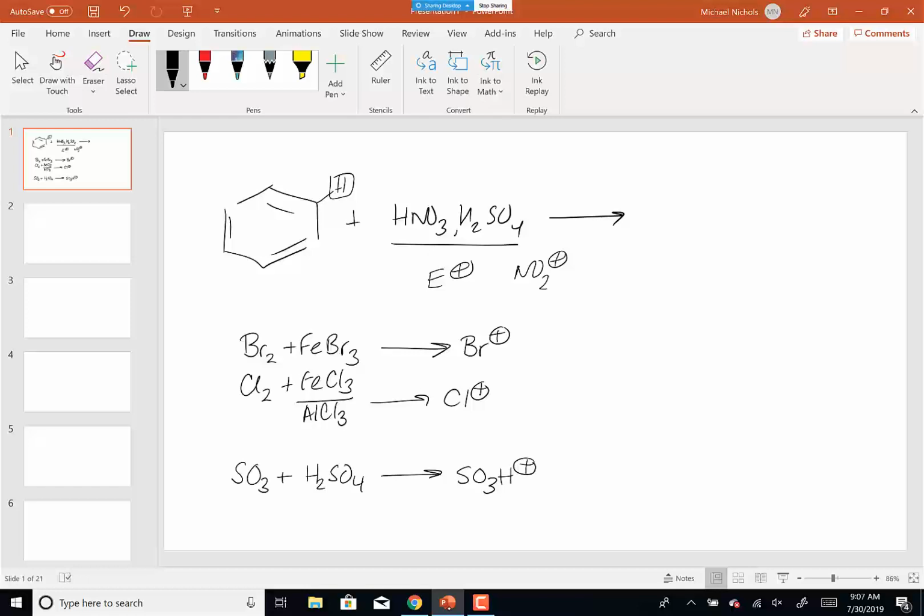So in other words, if I was to do that with a benzene ring, which we'll write here, take the benzene ring, add SO3, H2SO4. We're going to add an SO3H group to the ring. That's going to look like this.